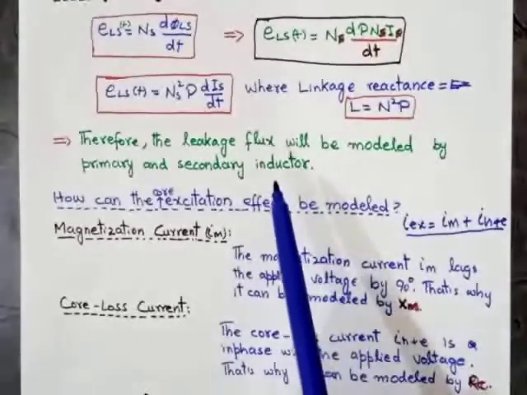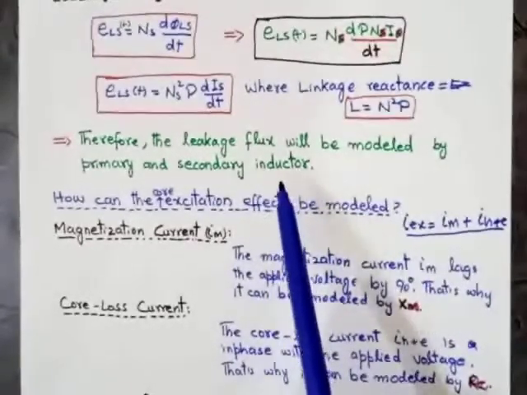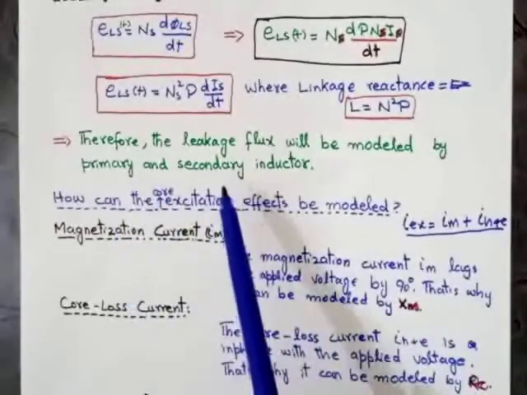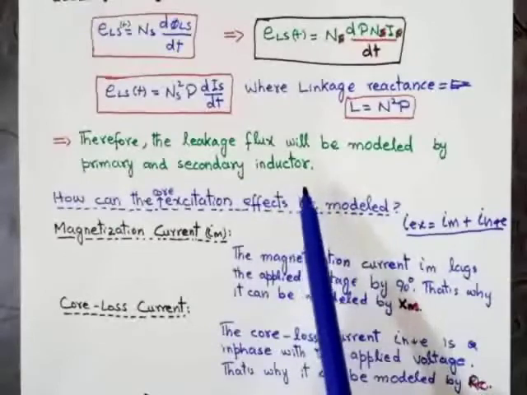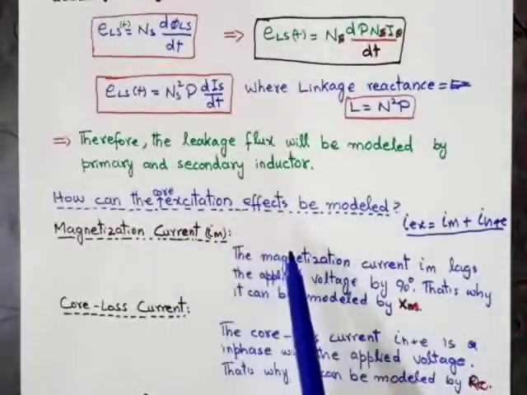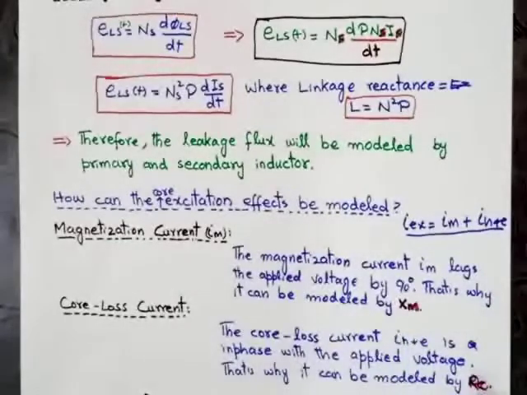We will present the leakage flux in an equivalent circuit with an inductor, that is, the primary reactance and the secondary reactance. And we will present the core excitation effect with XM and RC in the core. So these are the parameters which we will use to draw the equivalent circuit of the transformer.